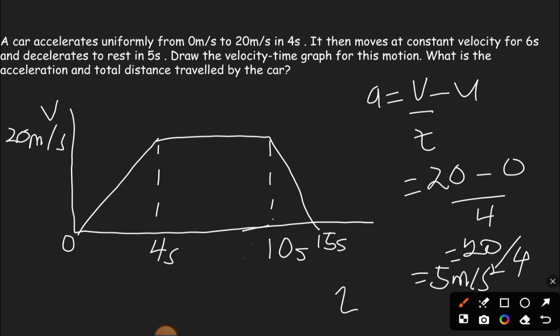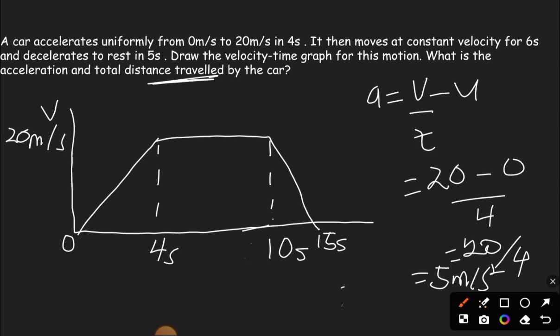The next thing we are supposed to find is the total distance traveled. Now, in order to find the total distance traveled, as I mentioned, find the area of each of the figures. So on this side, we have a right angle triangle. So half base times height.